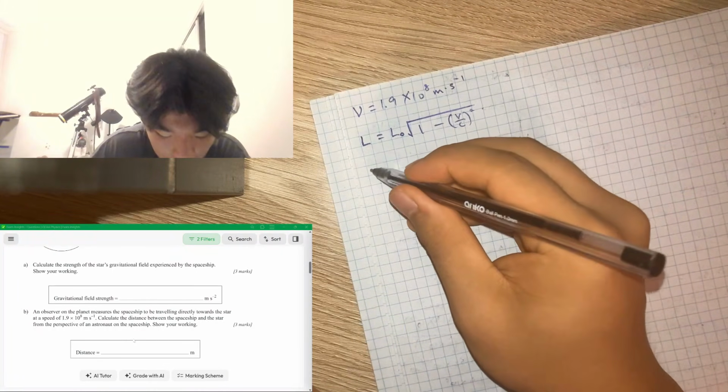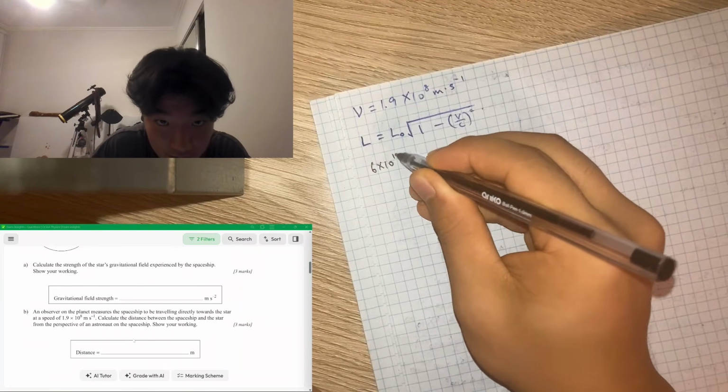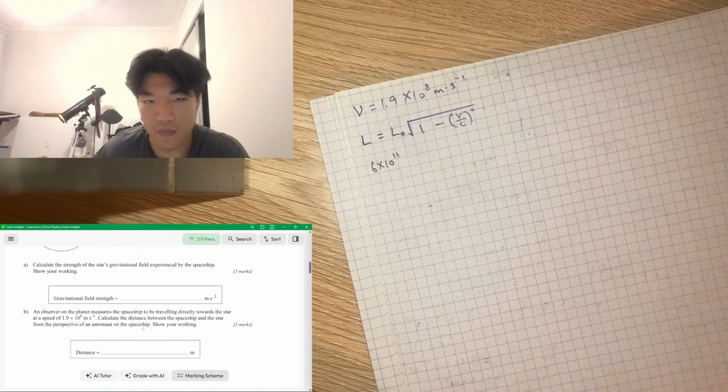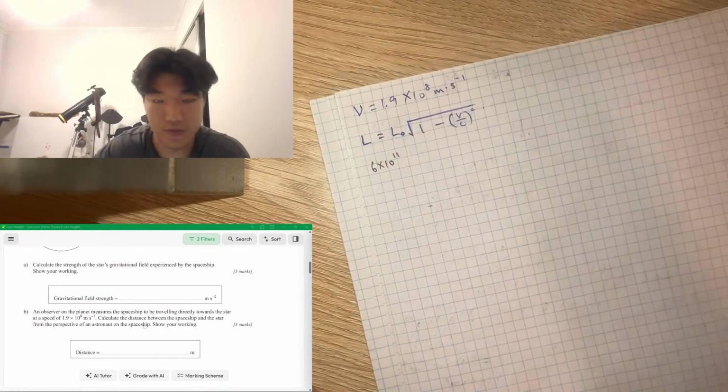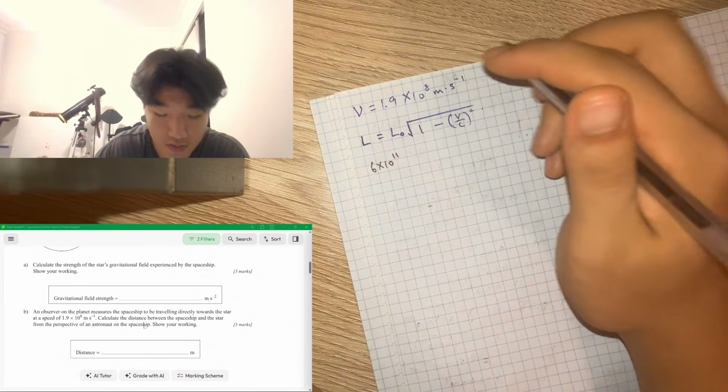The distance we calculated, 6 times 10 to the 11, right? That was the radius, the distance from the spaceship to the star.